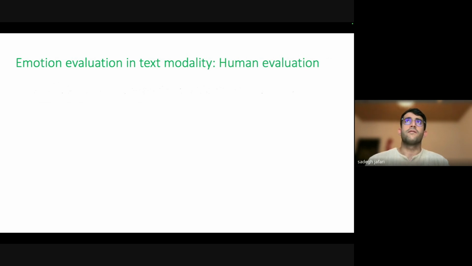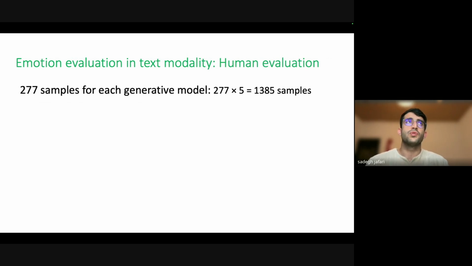But for human evaluation, because the unique dataset has almost 1,000 samples, we choose almost 300 samples for human evaluation. For 5 models, it means like 1,300 samples in total.